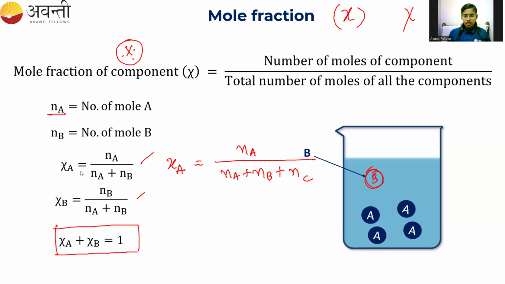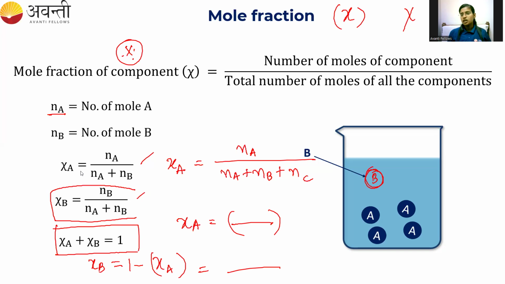For example, let me say I'm finding out the mole fraction of A. Using this XA formula, I'm getting one value here and I can just substitute it in this formula to find out the value of XB. XB is nothing but 1 minus XA. So here I have got one answer. Just substitute that here and subtract it from 1. You will get the value of XB. You don't have to do the calculation again using this formula to find out XB. Got it? Is it clear for all? Understood?